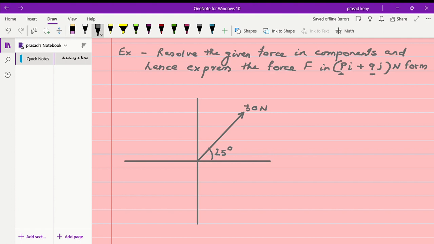Now since x direction is the adjacent side of 25 degrees, that means the cos component of 30 Newton will come in the x direction, positive x direction. That means this will be 30 cos 25.